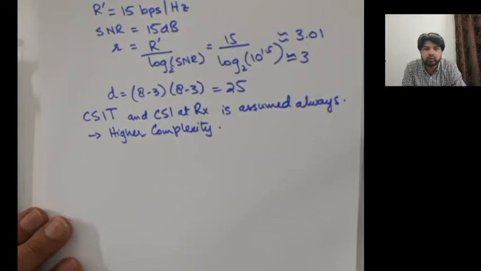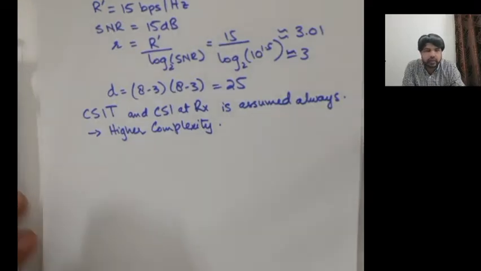Or what you can do is that you can have pilots transmitted by the receiving end, and then you can estimate the channel at the transmitting side. So that is called the receiver side pilot transmission. And then assuming that the receiver also can estimate the channel, you have the channel side information at both the transmitting end and at the receiving end.